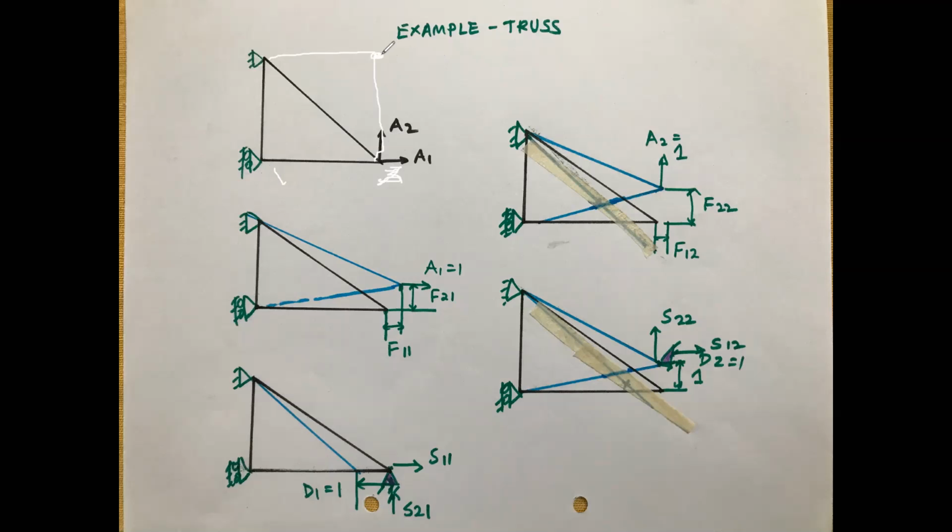So total 5. Now suppose there is a roller support here, something like this, vertical roller. Then what will happen? How many kinematic? 4. Then there will be 4. Yes. So there will be 4 kinematic degrees in that case.